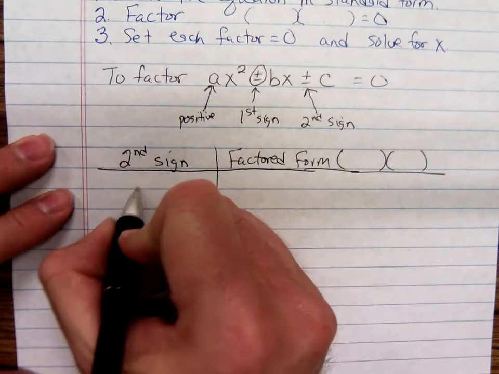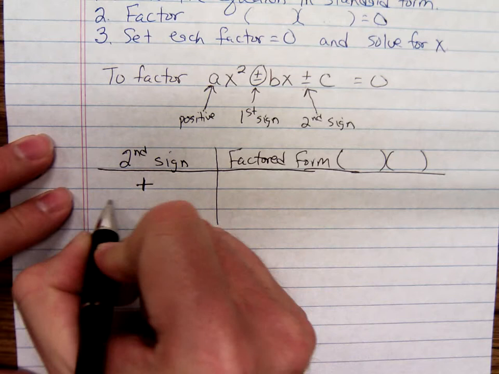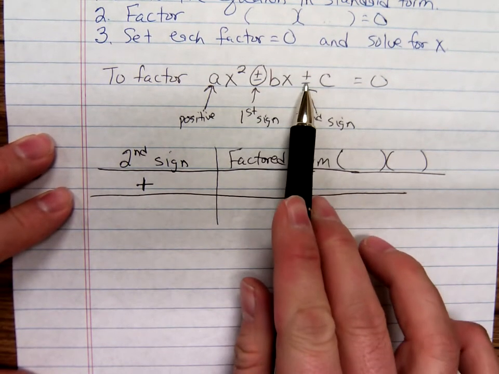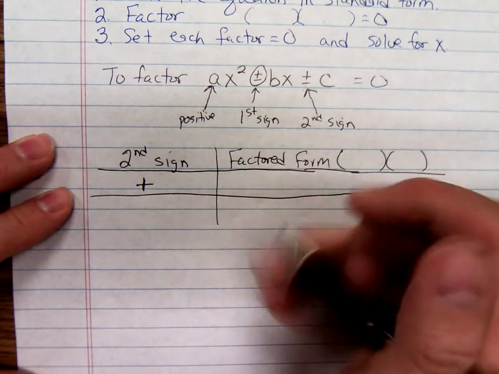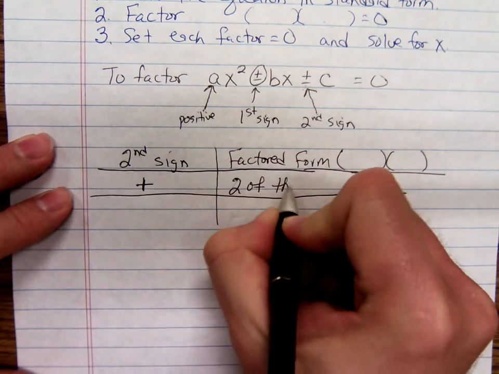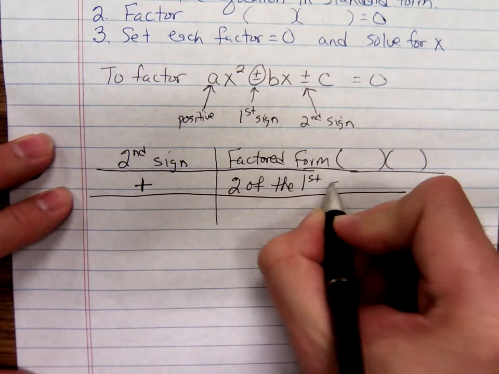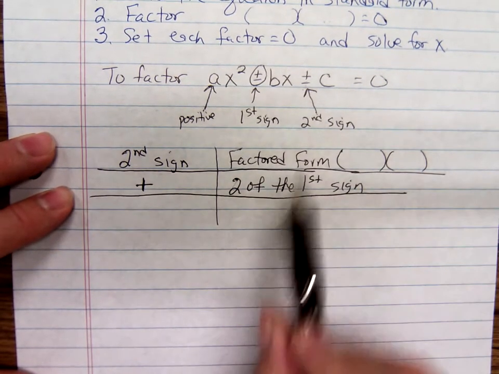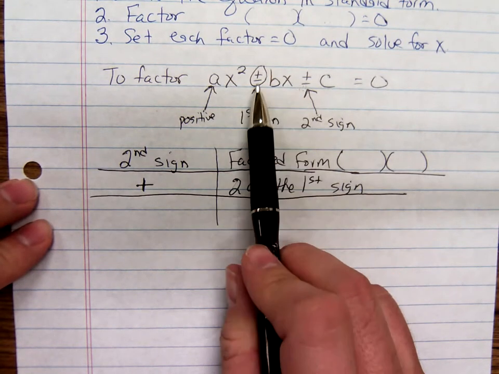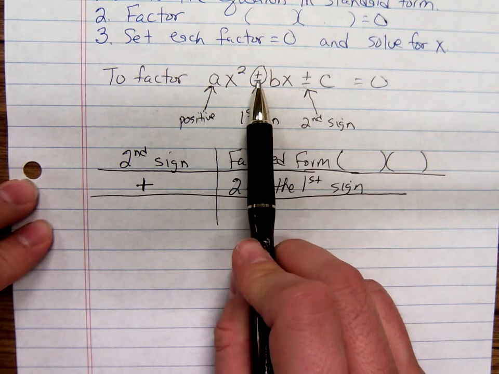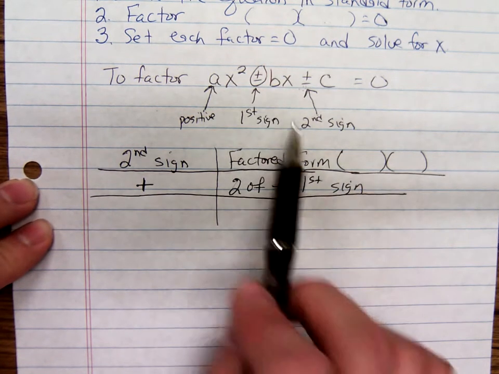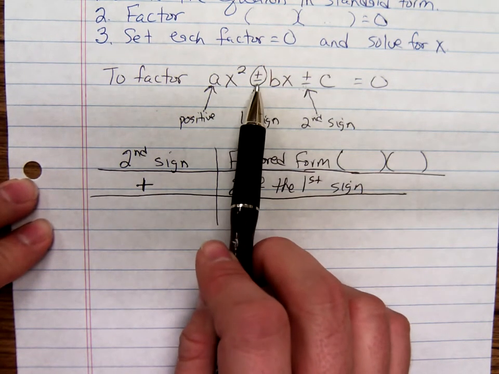So if the second sign is plus, then the factored form is going to have 2 of the first sign. So if the second sign is plus, you look at this sign here. Is it going to be 2 pluses or 2 minuses in these parentheses, depending on what that first sign is?